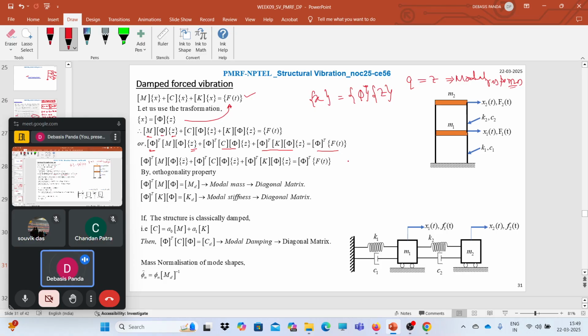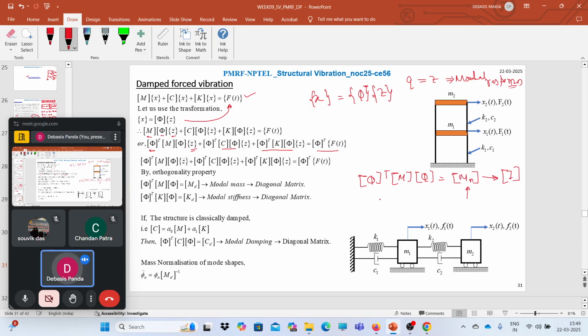Now we know, already we have discussed, phi transpose M phi is nothing but the modal mass matrix, right? And it actually becomes identity matrix.